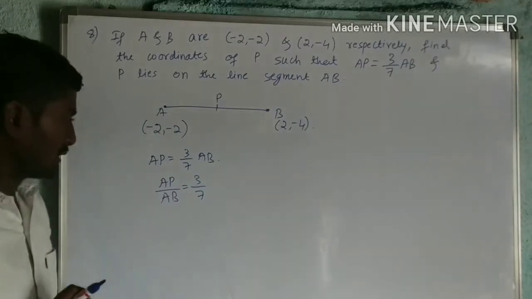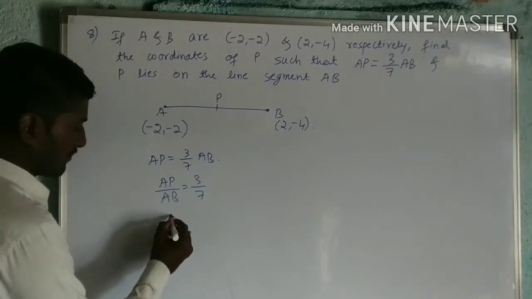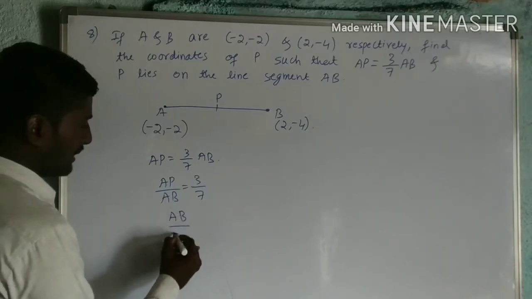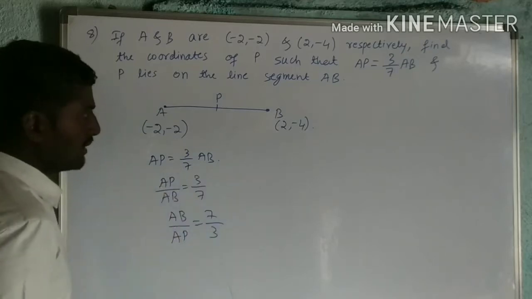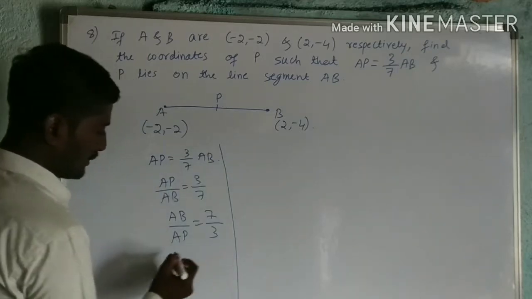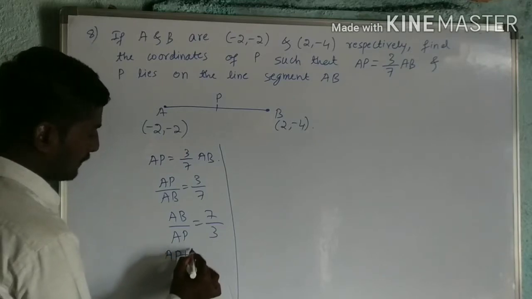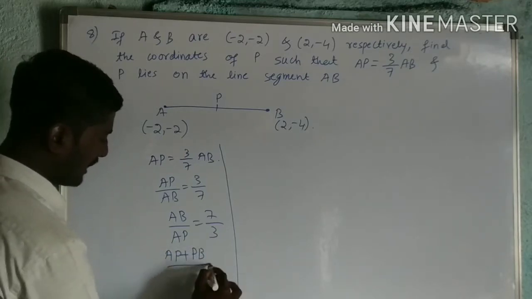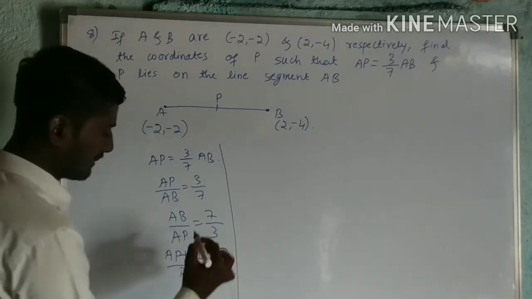So now for this one I will take a reciprocal. AB divided by AP is equal to 7 divided by 3. Now this I can write: AB can be written as AP plus PB divided by AP is equal to 7 divided by 3.